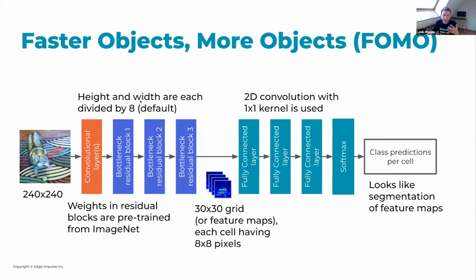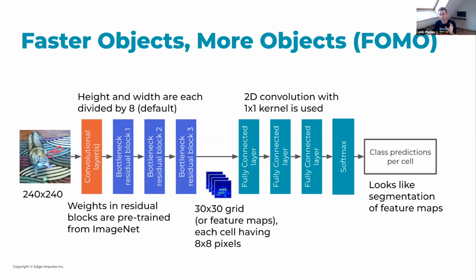Again, the technique behind that is not the topic of that session, but just for your understanding, when we take an image, we actually divide it by 8 and we obtain a grid or a feature map. At the moment, the division by 8 is the default. You will be able to modify that in the future.